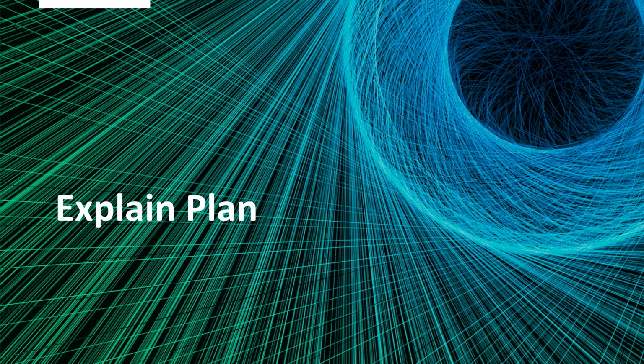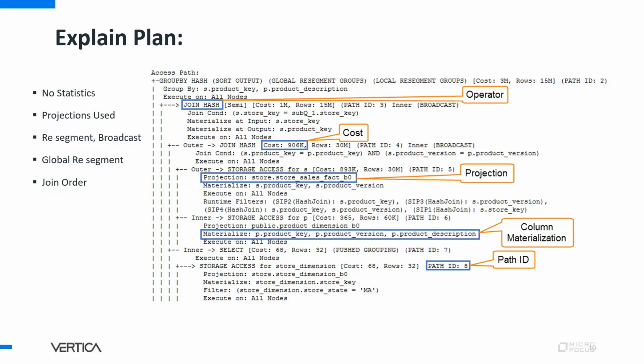How do you see what query plan the optimizer is choosing for the query? That's when the explain plan comes into the picture. The Vertica user runs explain on a query to analyze how the database processes a query and to see a visual representation of the path that Vertica uses to execute the query.